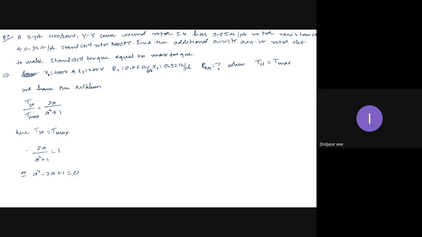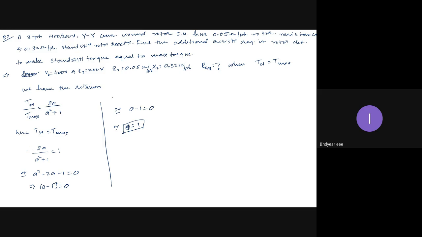Solve this. What is a square minus 2a plus 1? It is a minus 1 whole square. This is a minus 1 whole square equals to 0, or a minus 1 equals to 0, or a equals to 1. This is important for me. A equals to 1.